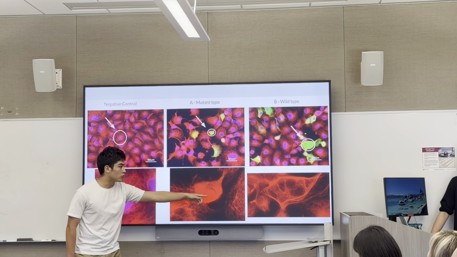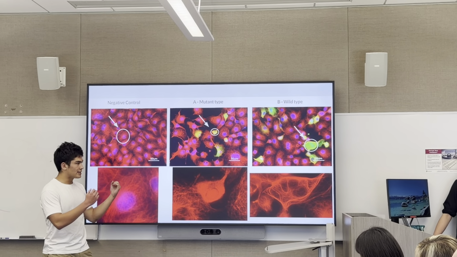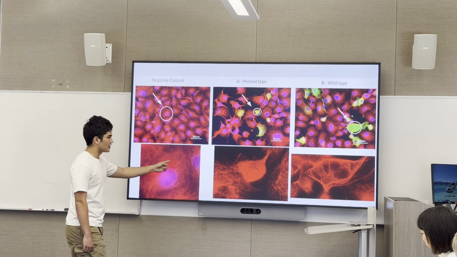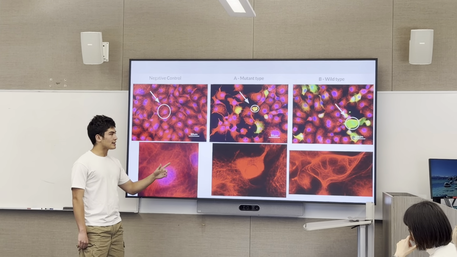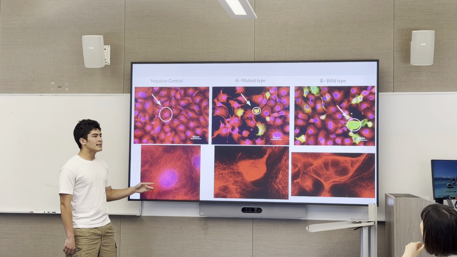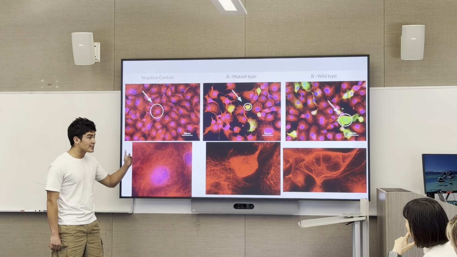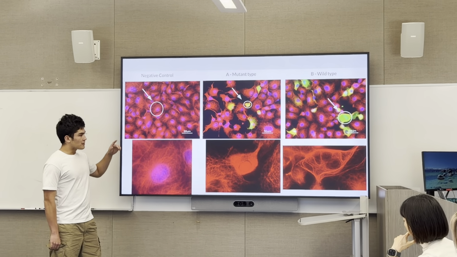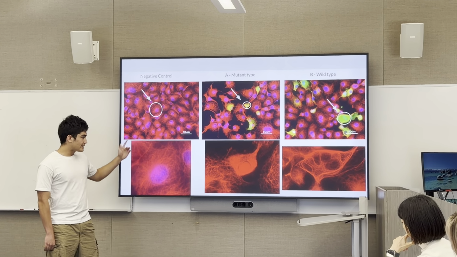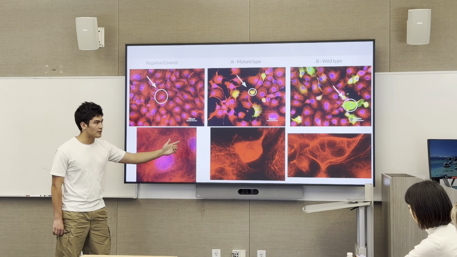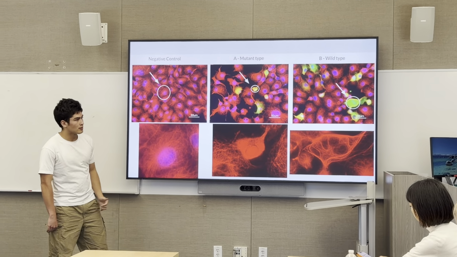They still form these long strings, but they aren't able to detach. So we can see that they're much longer than in the negative control, which tells us that the microtubules need to be very carefully maintained. We can't just add extra stabilization. So this shows us that tau has a very large impact on the stabilization of microtubules.